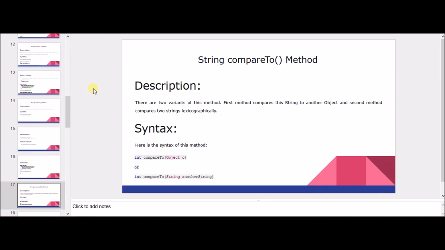Next, we'll see the compareTo method. This method compares the given two strings and returns 0 if the strings are equal, a negative value if the first string is lower than the second, else a positive value is the output. The syntax is compareTo(Object o). Let's execute this program to see how it works.